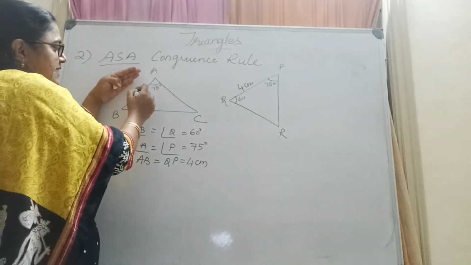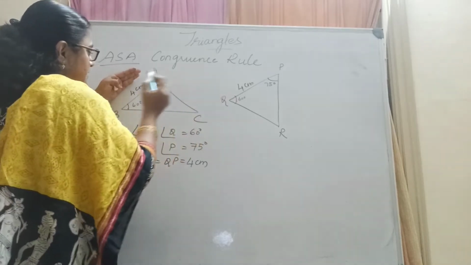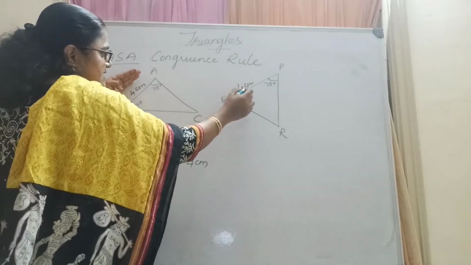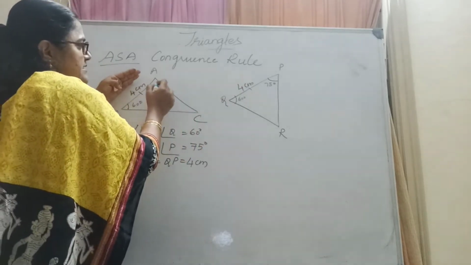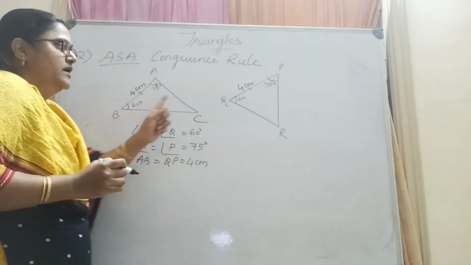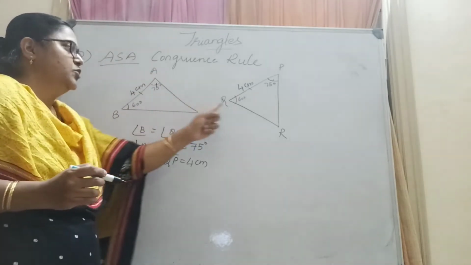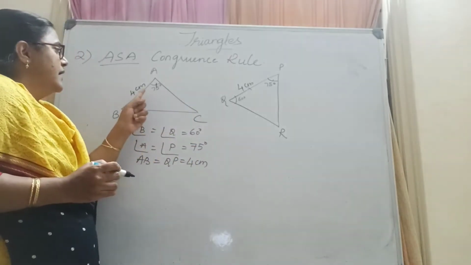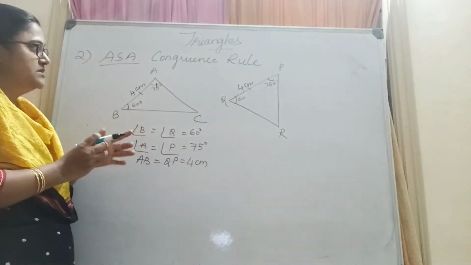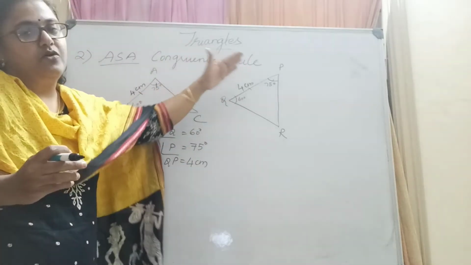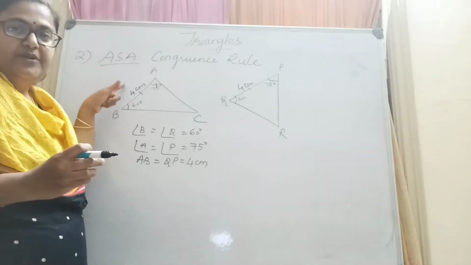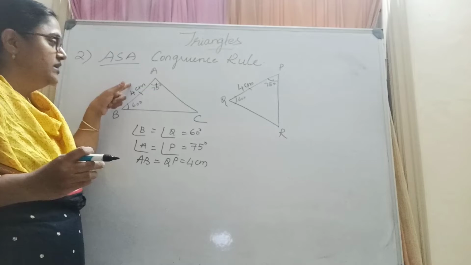So angle, side, angle. 60 degrees, these two angles are equal. Then side, these two sides are equal, and then 75 degrees. So in both the cases, the corresponding angles B and Q are equal, and angle A is equal to angle P. The side which is in between these two angles, the common arm of the two angles, is the included side.